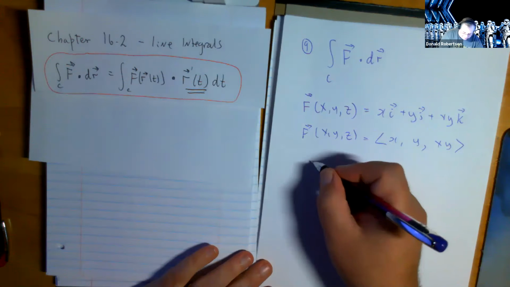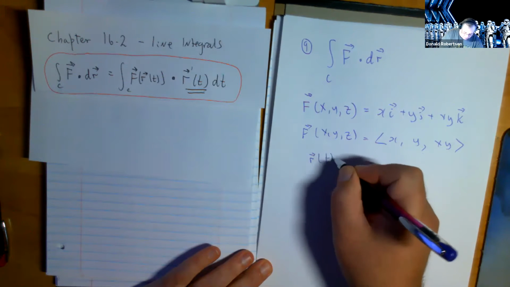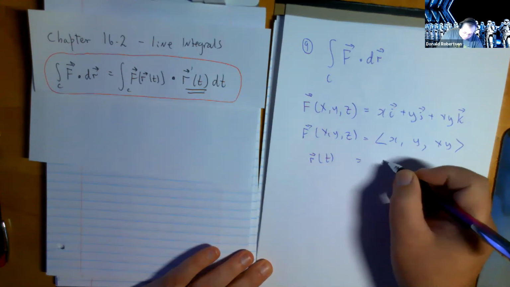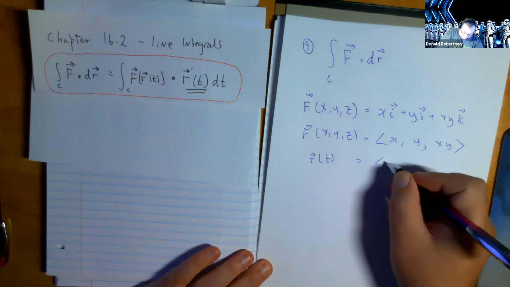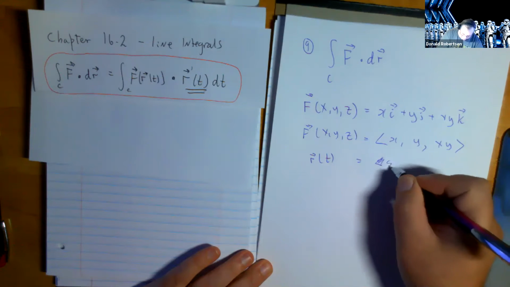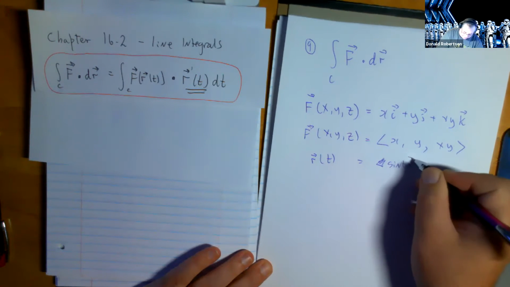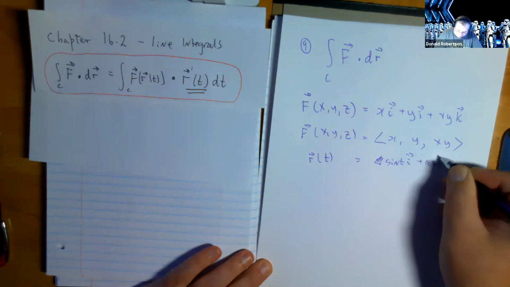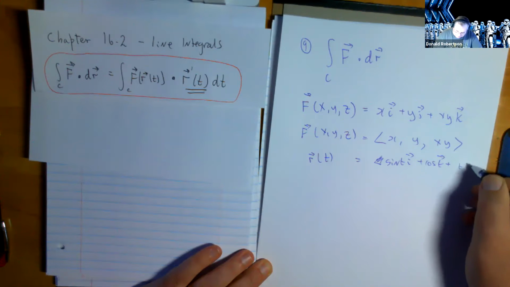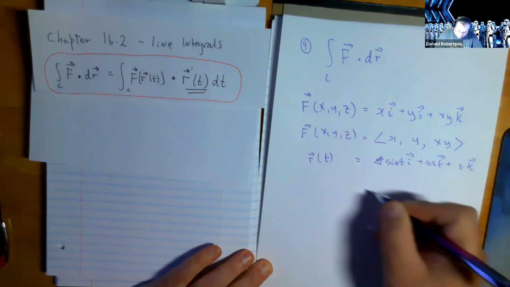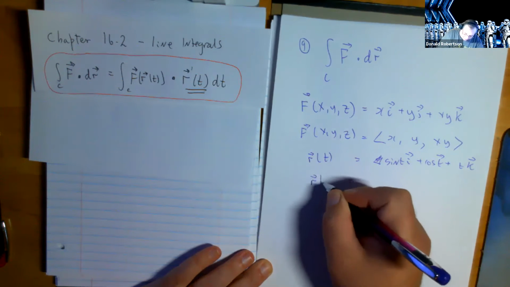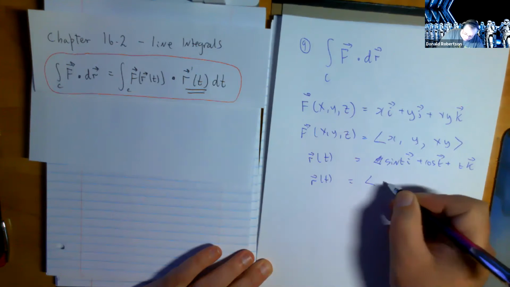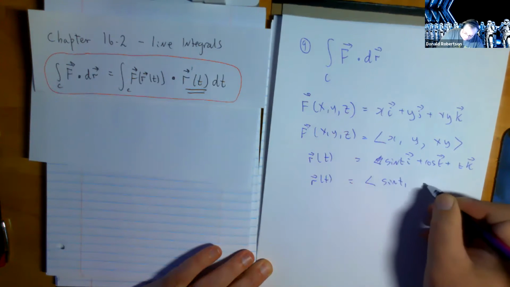Now, the space curve is exactly the way you'd expect it to be written, first in the ijk notation. But the way I would write it, and the way I intend to write it, is like this.